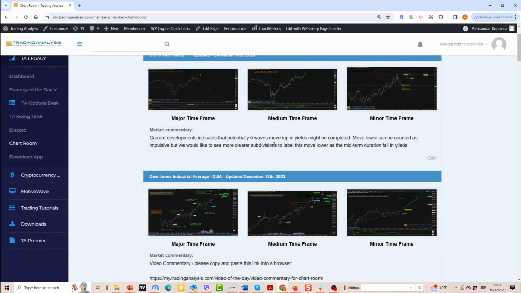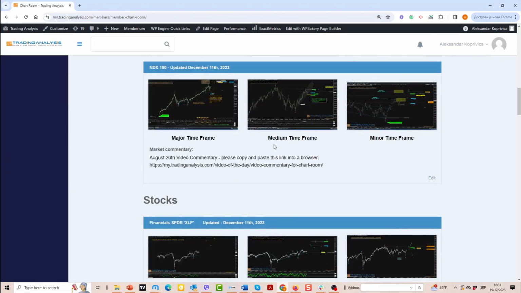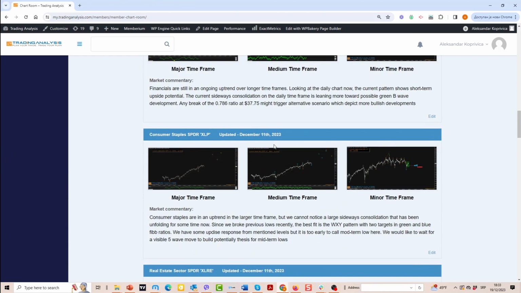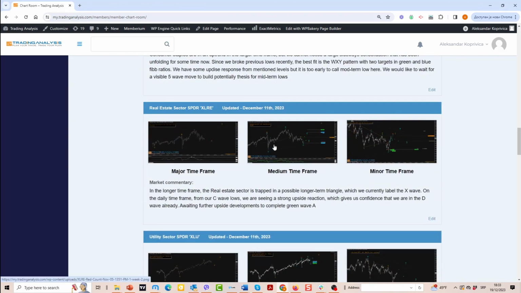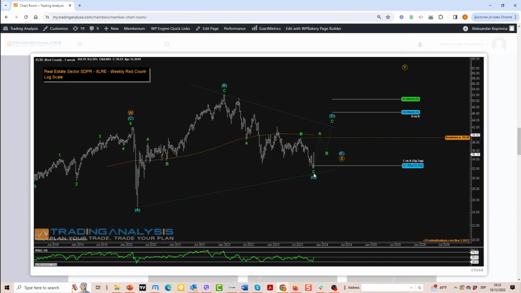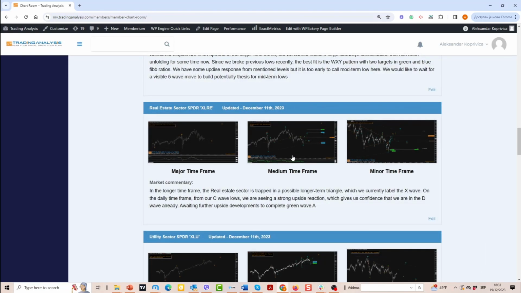And then we also have XLRE here as we track all of the sectors. So I'm going to show you XLRE where the reversal actually happened. Even my tweet was before this strong bar on the upside, announcing a possible reversal in XLRE and move down in rates.